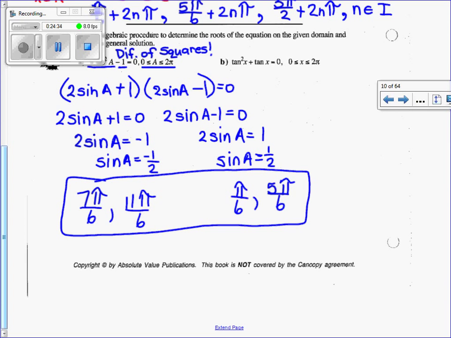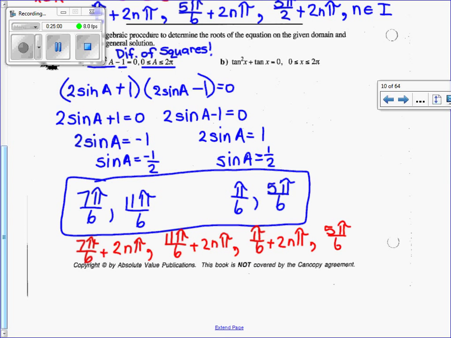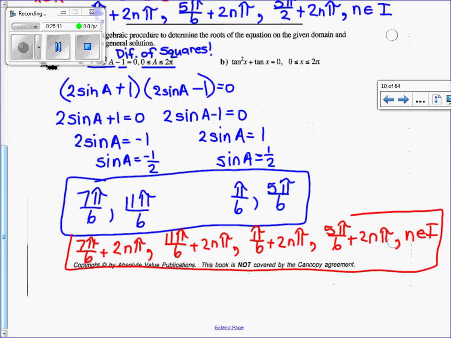So you're going to go 7 pi over 6 plus some multiple of 2 pi, 11 pi over 6 plus some multiple of 2 pi, pi over 6 plus some multiple of 2 pi, and 5 pi over 6 plus some multiple of 2 pi, where our n's are again integers, positive or negative numbers. So this would be your final solution, the general solution for all values of n of x.